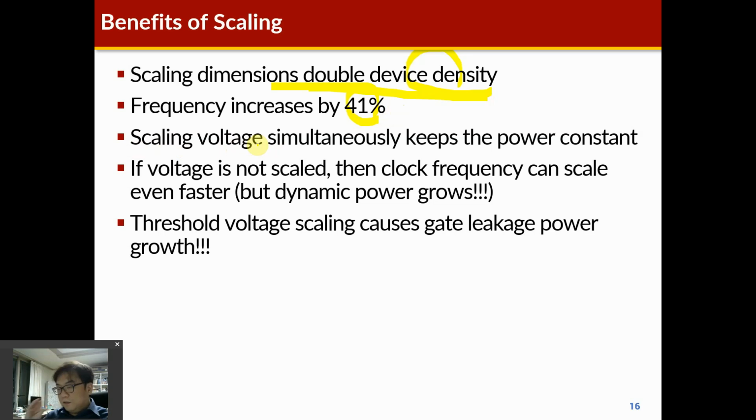So what's the advantage of reducing this supply voltage? We can reduce the power consumption. So this is the good thing.